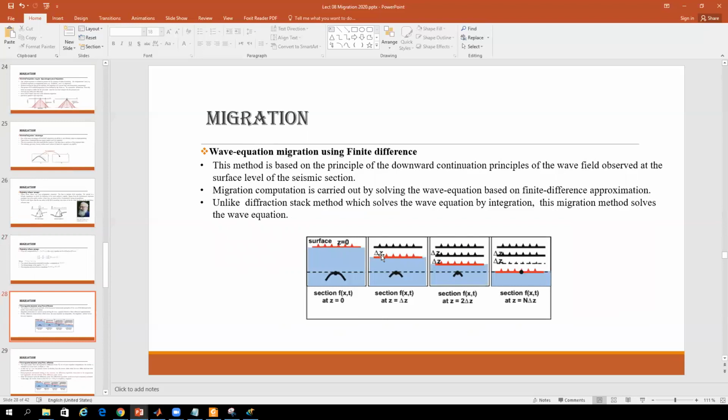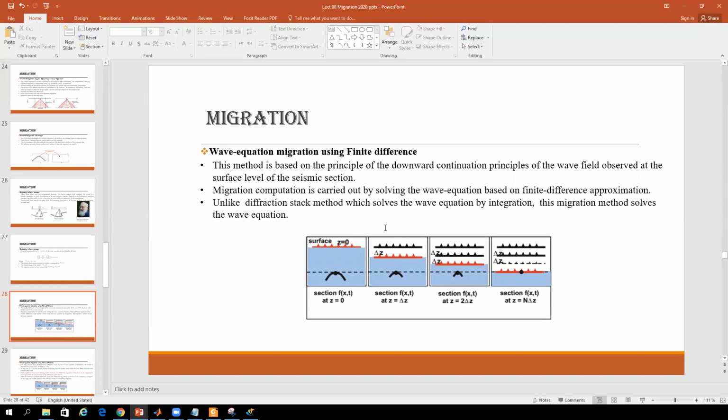So we have many migrations which are using the exploding reflector theory. We have some group of migrations that use the exploding reflector as an assumption, and some others that use the diffraction summation.